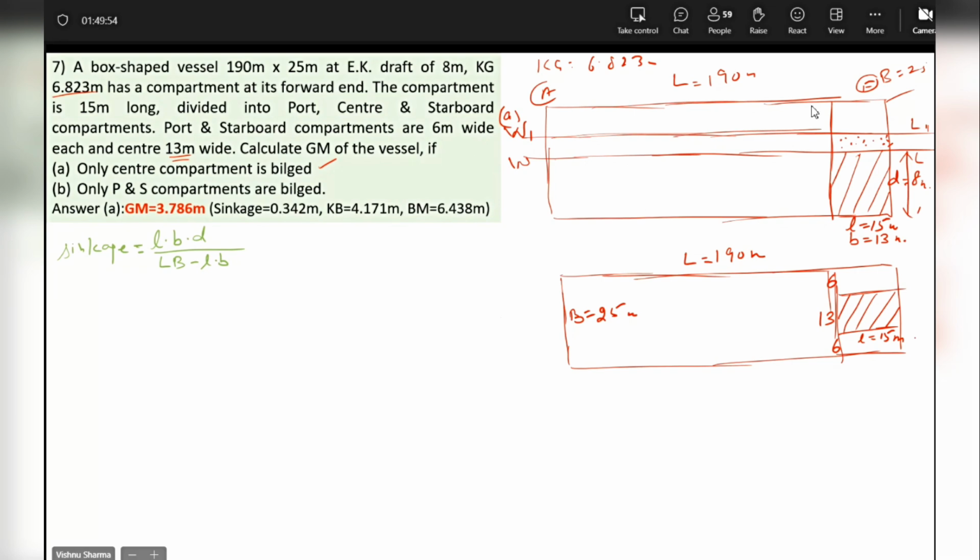Permeability is not given, no, I'm sure. It's not there, okay. So this will be equal to length is 15 meters, breadth of the center compartment is 13. You see, I've written the breadth 13 here. Please be careful. Into draft of 8 meters upon 190 into 25 minus 15 into 13. Can you please calculate and give me the sinkage, guys?